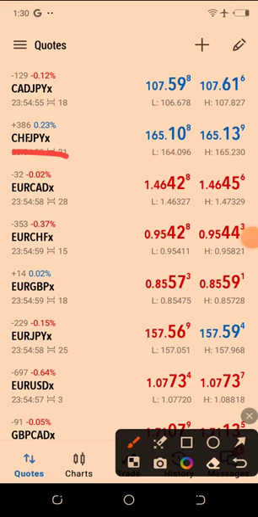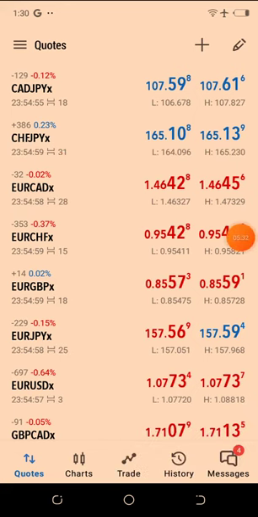JPY. So now take note of this. CHFJPY. CHF means Swiss franc. I think one or two currencies like that have different letters for their country.